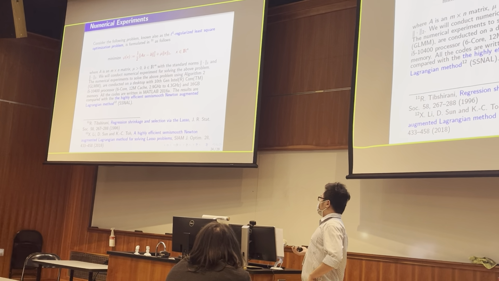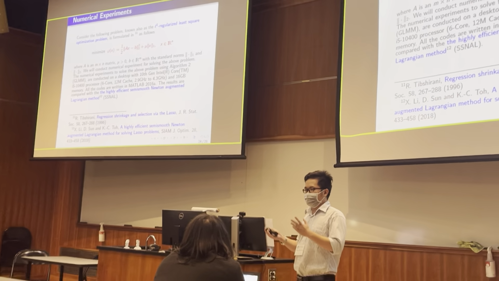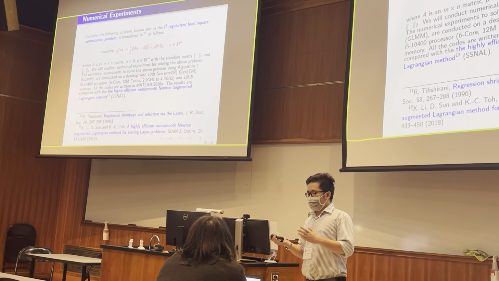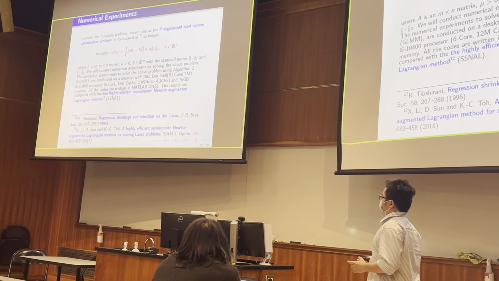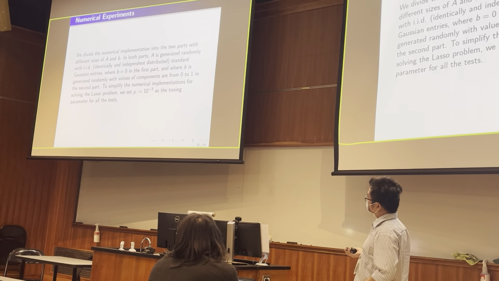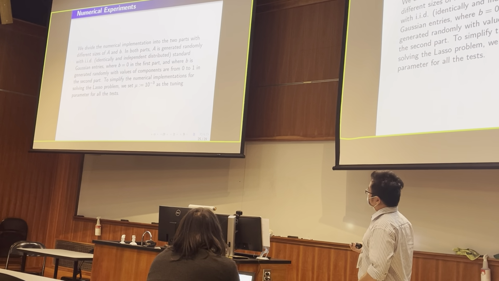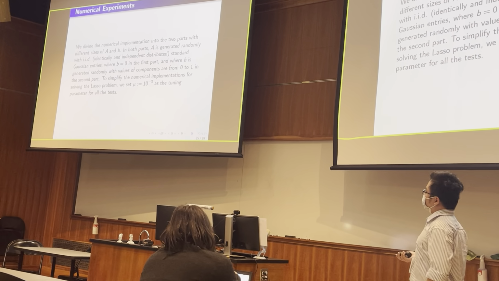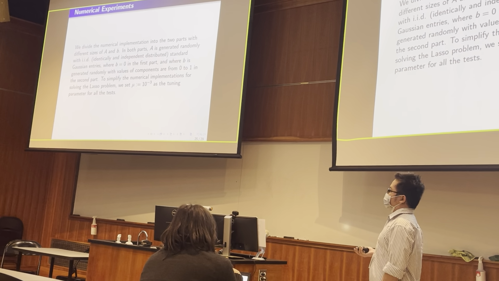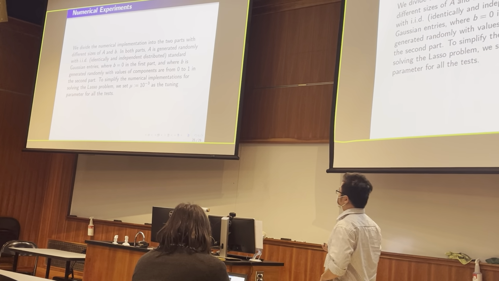In this paper, they used a hybrid algorithm that combines the augmented Lagrangian method with the semi-smooth Newton method to solve lasso problems. And here, we will use random data for the numerical experiments.